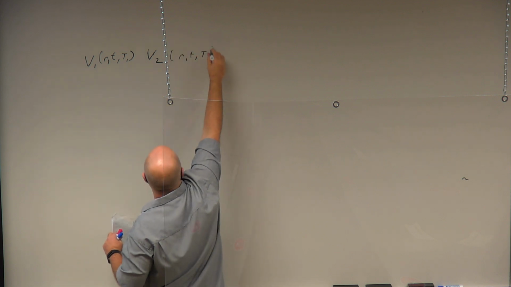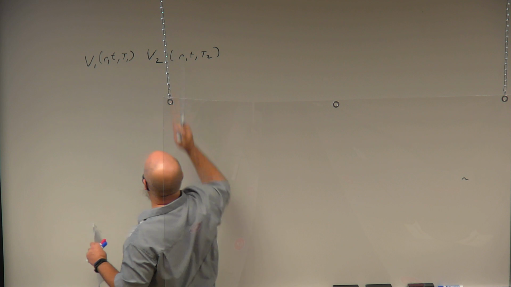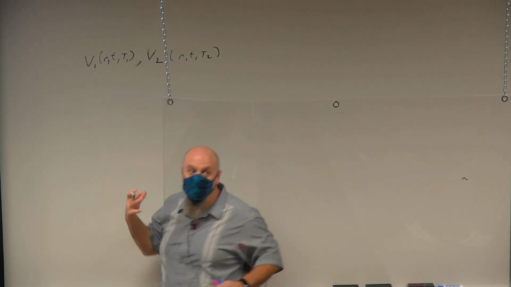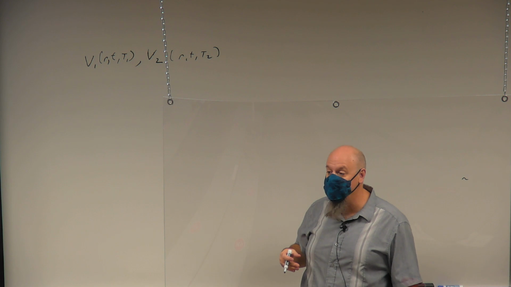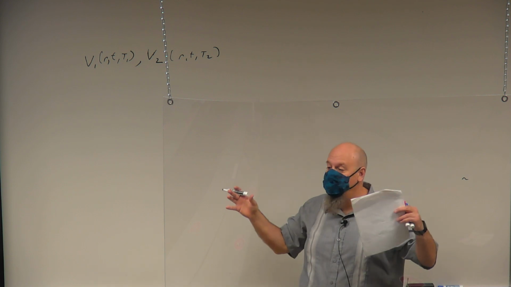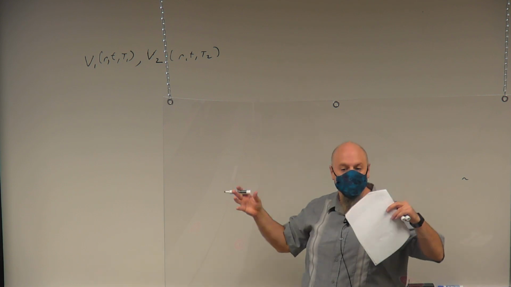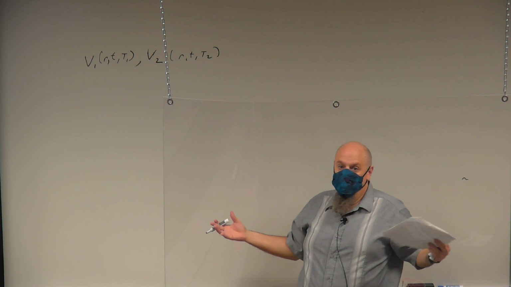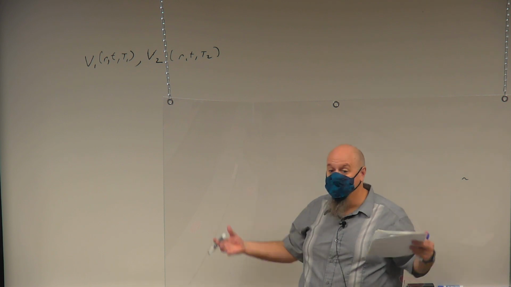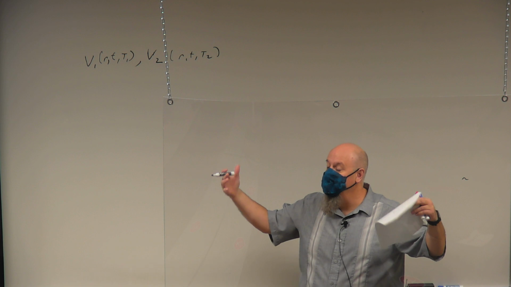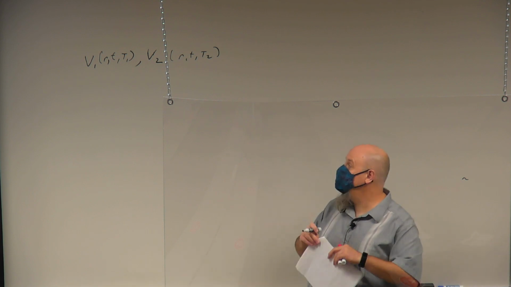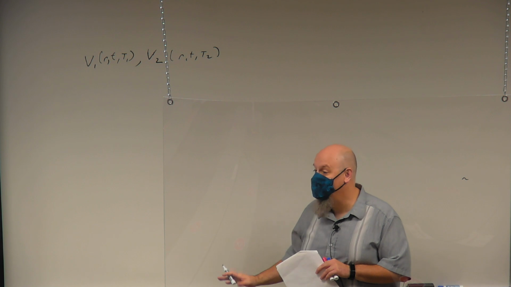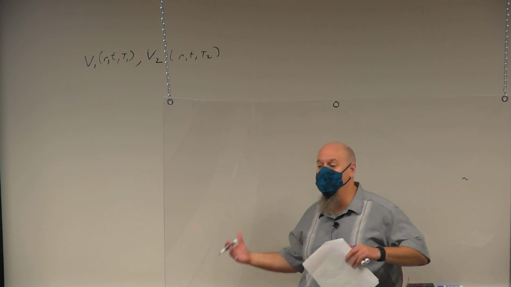The only difference between bond 1 and bond 2 is their maturity, when they expire. They both exist in the same R, in the same interest rate. They both exist in the same time. So the R for both is the same, the t for both is the same, little t. The only thing that's different is the expiry time. That's it. And we're going to hedge one bond with another.